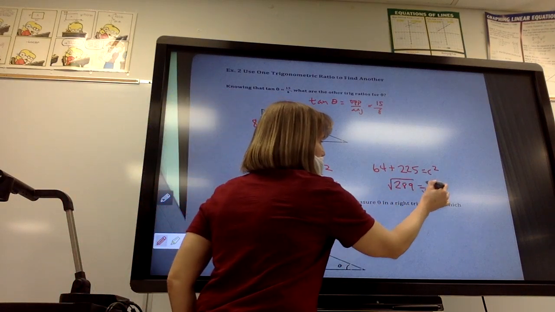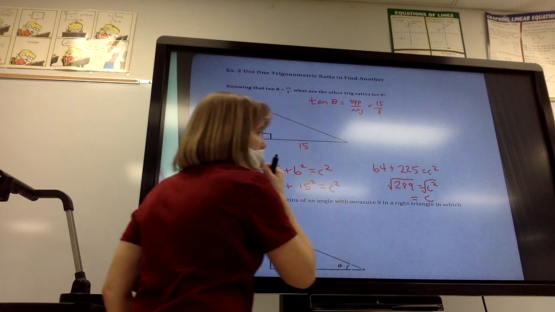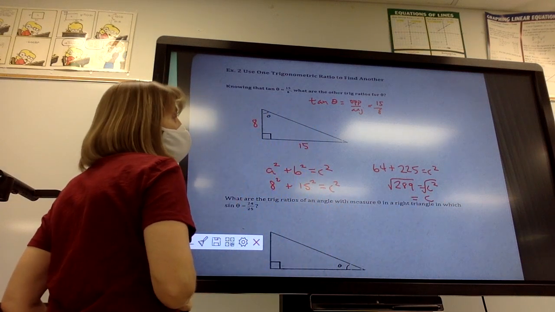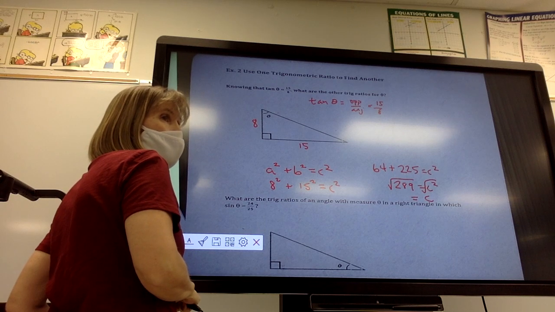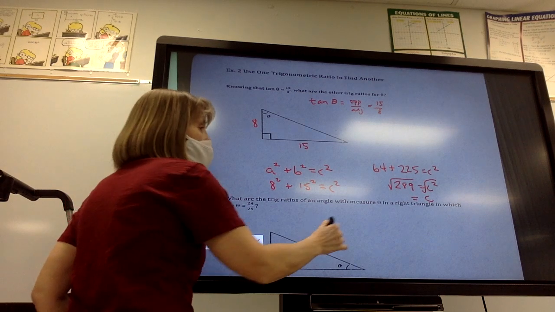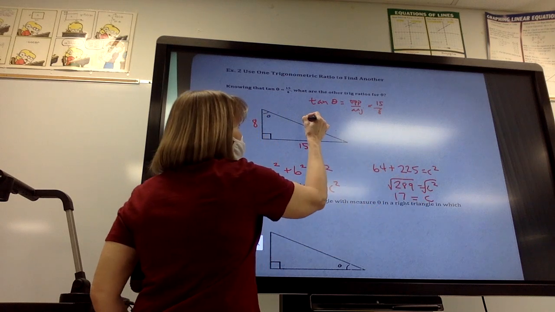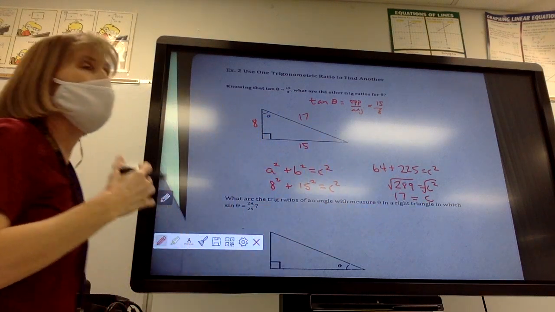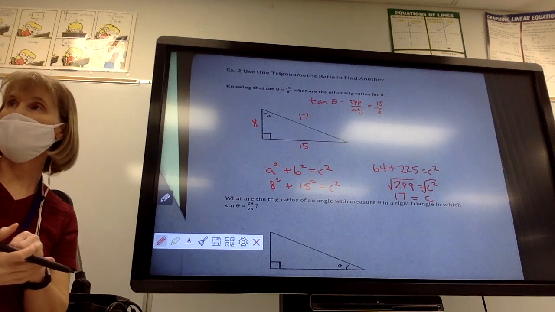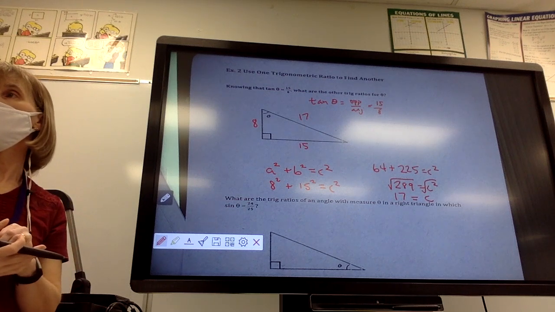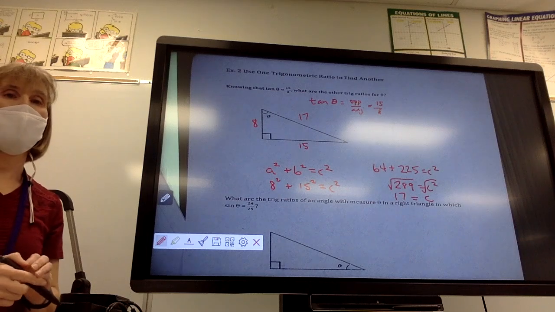What's the square root of 289? Hold on. 17. Okay, so I put 17 in there. Now I can write down what sine is, what cosine is, what cosecant is, what secant is, and what cotangent is.